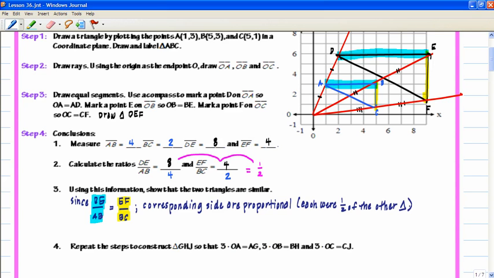Here's a little symbol for triangle. Also, angles E and B are 90 degrees.